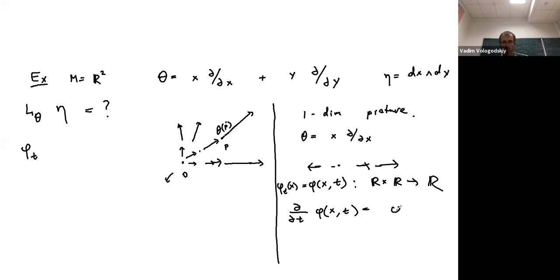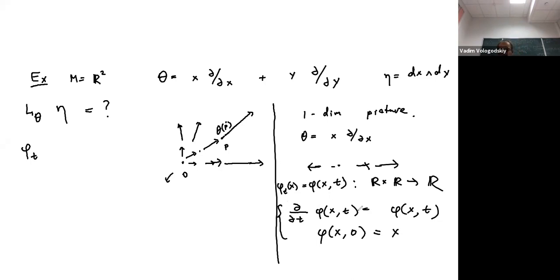So it must be equal just to phi of x comma t. So we are solving this differential equation. It's an equation for a function in two variables, but we differentiate only with respect to t. So in a sense, it's an ordinary differential equation, but it has an extra parameter, little x. And the initial condition is that when t is 0, that must be the identity: phi of x comma 0 is x. Okay? So we are solving this system of equations.